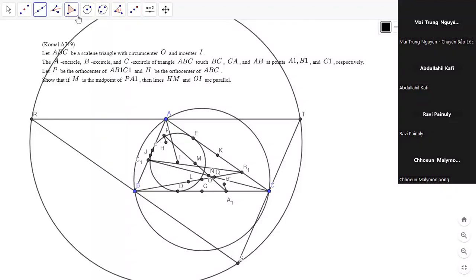Yeah, it's definitely useful that PH is parallel to AI.